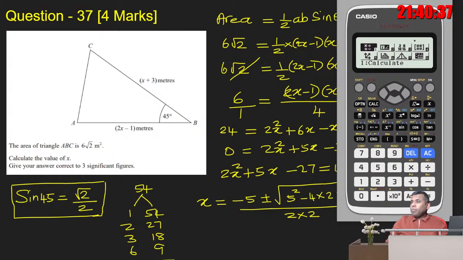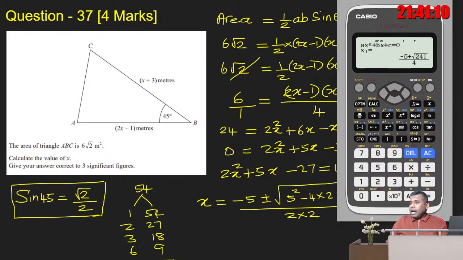Press the menu, use the arrow key to go to equation, press equals, then polynomial, and number 2 for quadratic, because degree 2 means quadratics. I use 2 as the a value, 5 as the b value and minus 27 as the c value, and press equals. I got minus 5 plus root 241 over 4.